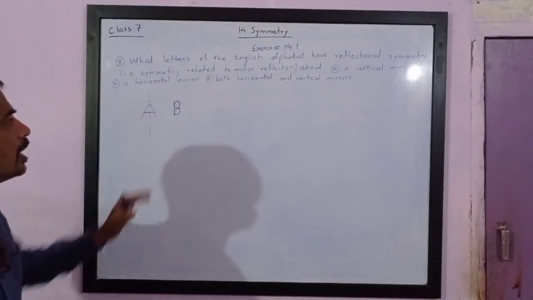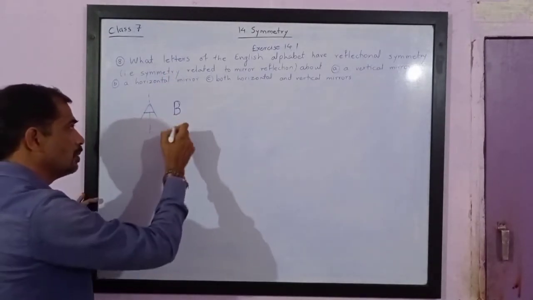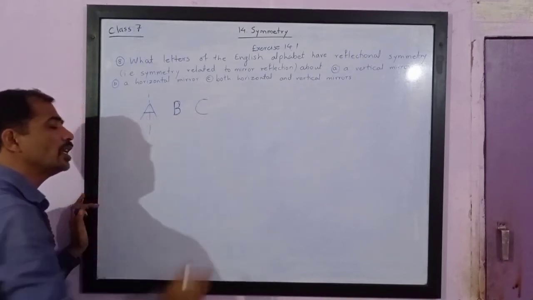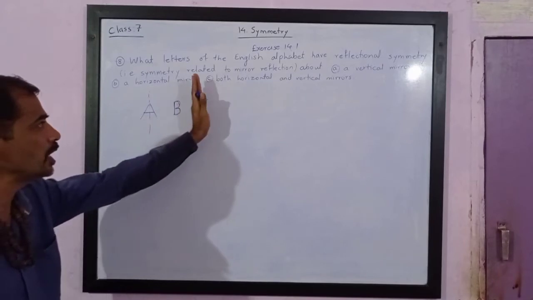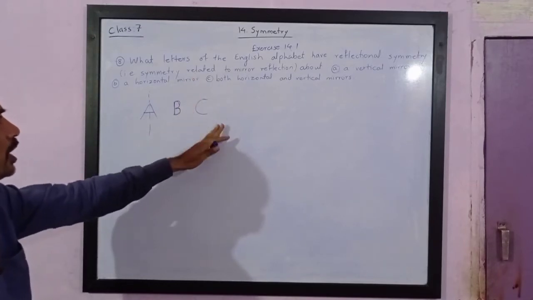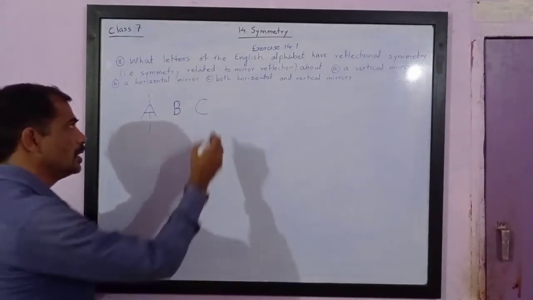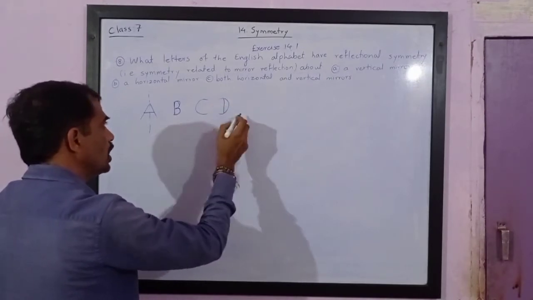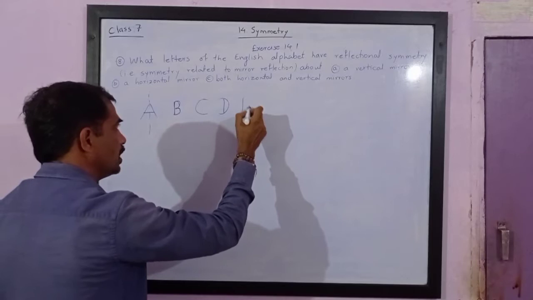By a vertical mirror, B does not have symmetry. Then if you take alphabet C, you will notice that by keeping a mirror vertical, you cannot make two equal parts, so it does not have symmetry. Then alphabet D also does not have vertical symmetry.